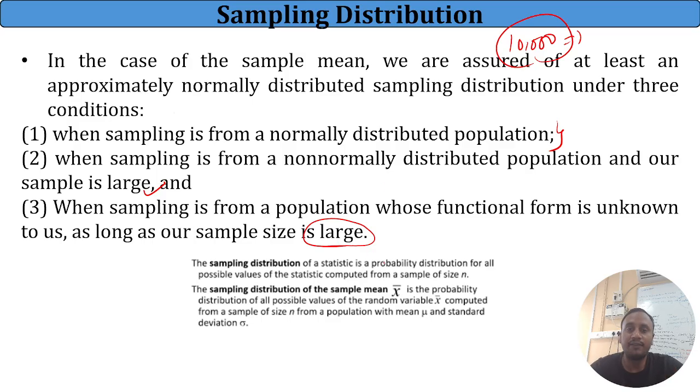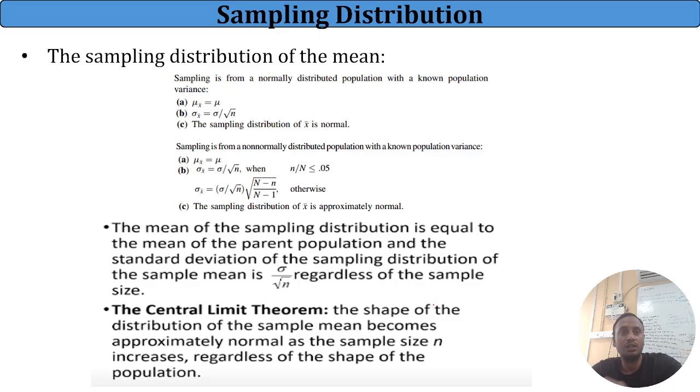The sampling distribution is a probability distribution for all possible values of a statistic computed from a sample of size n, which we have discussed. The sampling distribution of a sample mean x̄ is the probability distribution of the random variable x̄ computed from a sample of size n from a population with mean mu and standard deviation sigma. Now, what is the value of the sampling distribution of the mean?